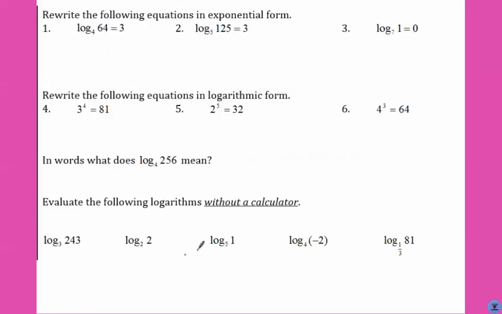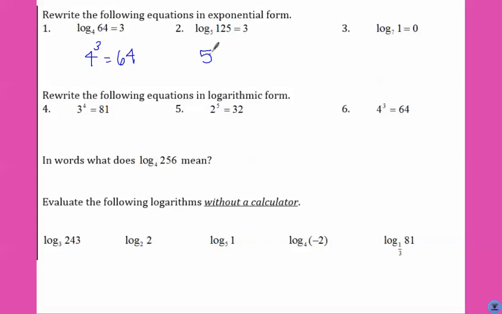All right, so let's look at converting these. Our base is our little number. So if we wanted to go from log form to exponential form, 4 is our base. Logs are always equal to the exponent, and then it equals whatever you're taking the log of. So number 2, log base 5 of 125 equals 3.